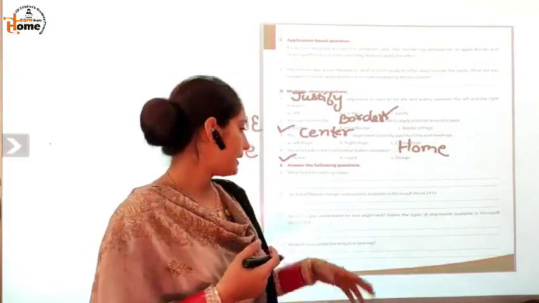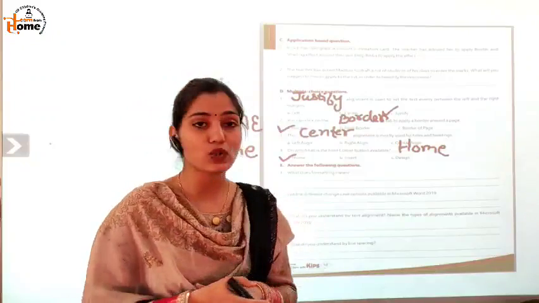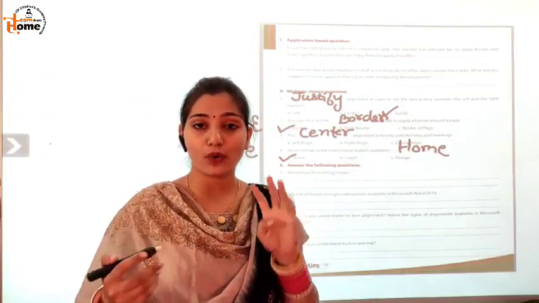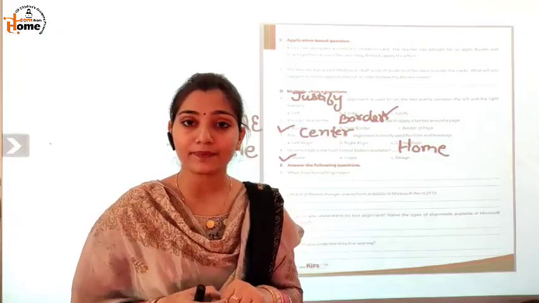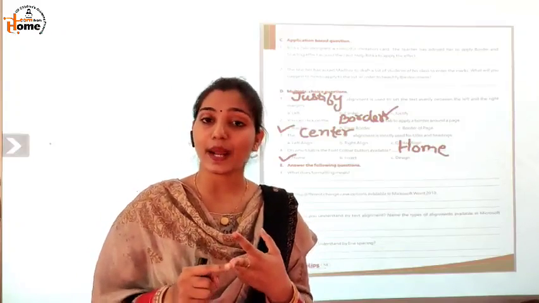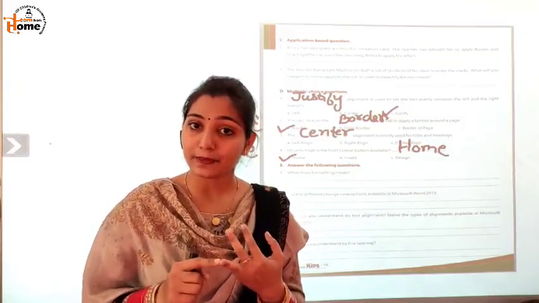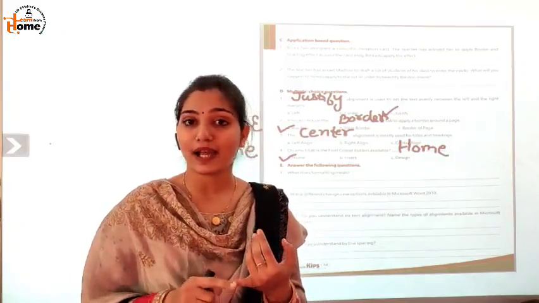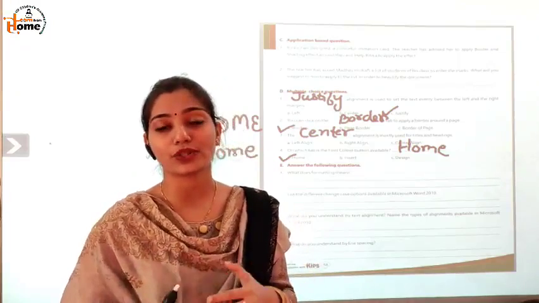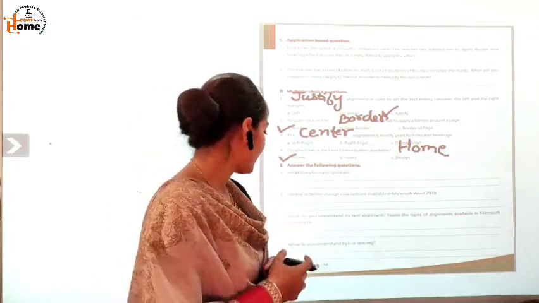Okay? How many different types of alignment options do we have in MS Word? We have 4 different alignment options, right? Align text left, align text right, center alignment, and justify alignment. Okay? These are the 4 different alignment options in MS Word.